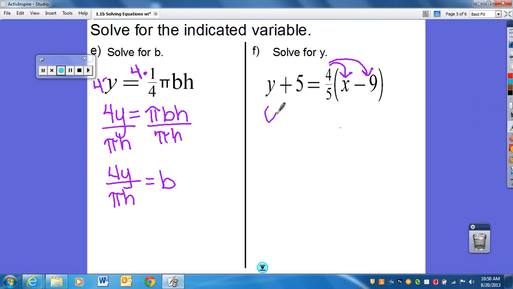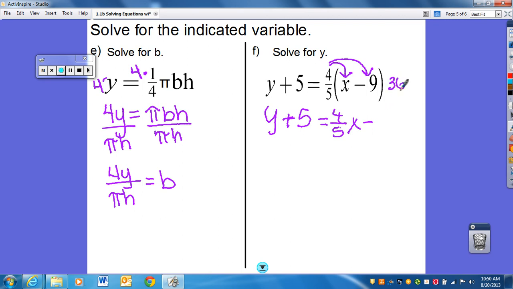So I have y plus 5 is equal to 4/5 x minus 36/5. I might not want to have the 36/5 when I'm working with these numbers. I might want to change my 36/5 to a mixed number.